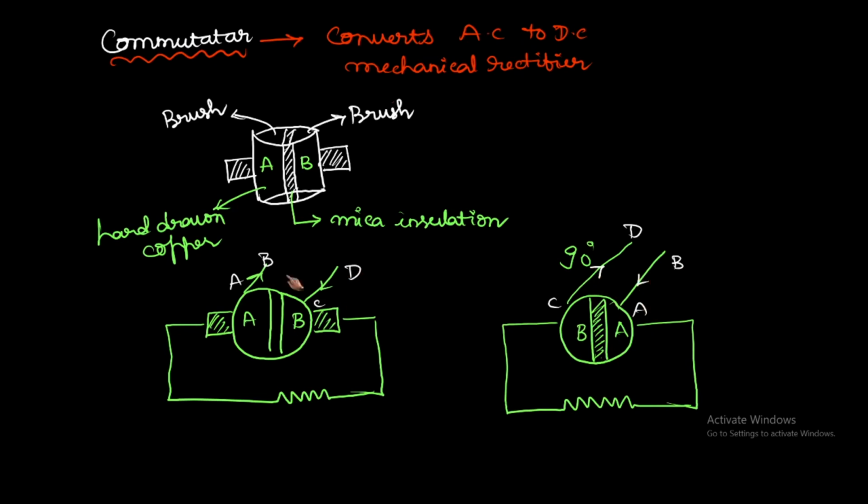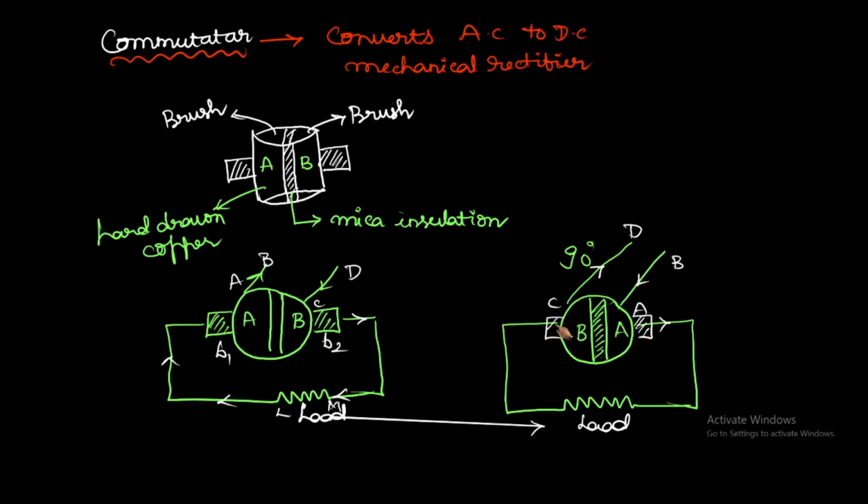Let us see the direction in both cases for the external load. I have placed the load here. If you observe the load direction, the current is going through brush B2 and brush B1, from point M to point L. Here you also have the brushes, I forgot, sorry.